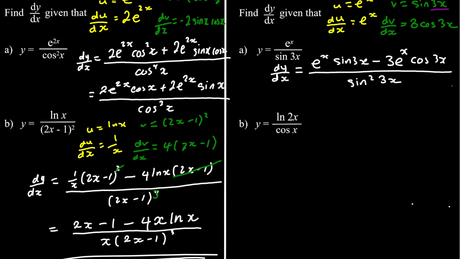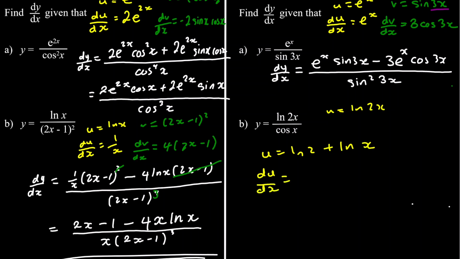The second one, u is log 2x. Du dx is 1 over x. I'll quickly explain that. So u is log 2 plus log x using the rules of logs. So du dx, log 2 is just a constant.